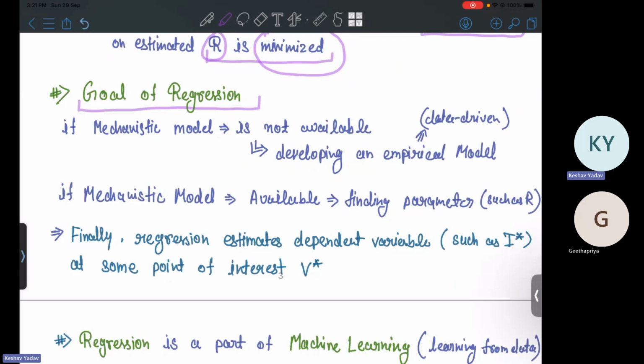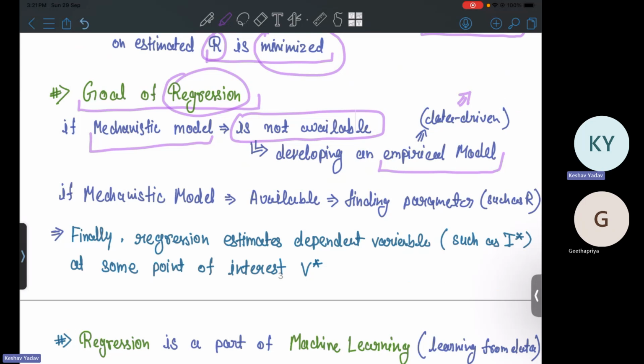Now, what is the goal of regression? If mechanistic model is not available, we will develop an empirical model that will be data driven, using regression.